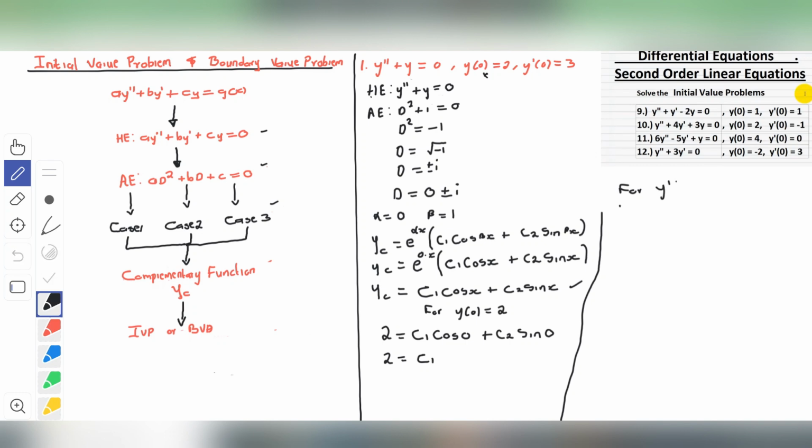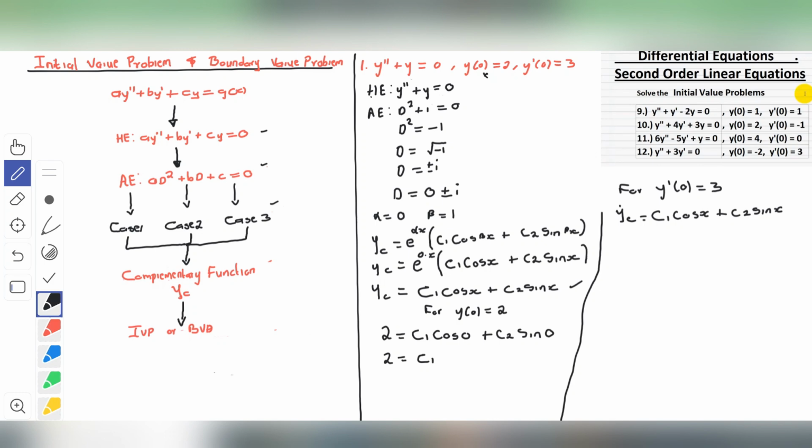For y prime of 0 is equal to 3, right? You can see that we don't have the first prime here. So we're going to take the complementary function, which is c1 cosine of x plus c2 sine of x.